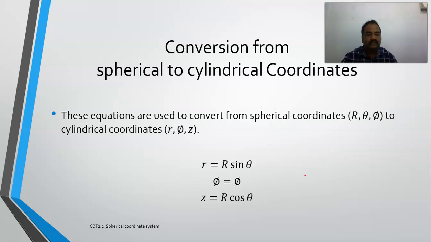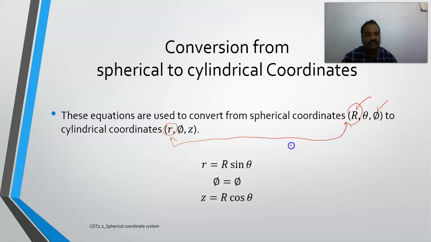And between spherical and cylindrical, as I already said, these two are very similar. Basically, there is a small difference. Here, this represents the radius only of the base, whereas this one represents the radius of the entire sphere. But there is a relation between these two.